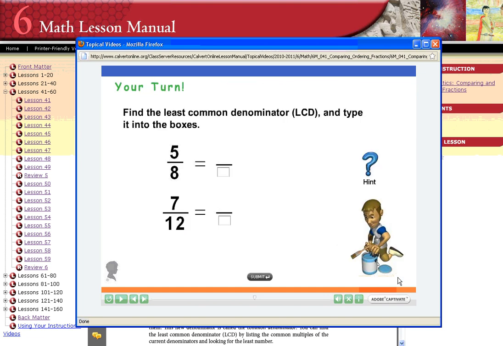Now it's your turn. Which of these two fractions is greater? Begin by finding the least common denominator, or LCD, and typing it into both boxes.